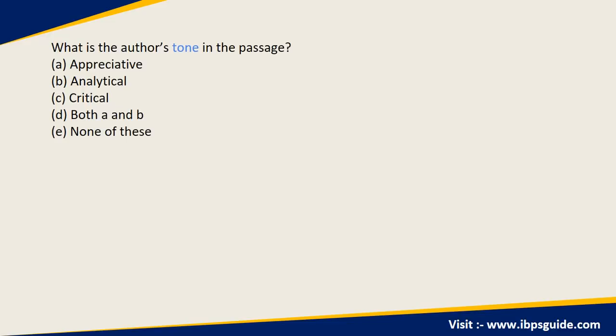But alongside being analytical, he also used words like the epic battle against Rafael Nadal and the unbelievable win. He used words that show appreciation towards Djokovic, right? So you can also say that it's appreciative, which means both A and B are the right answers. Therefore, option D is the correct answer for this question.